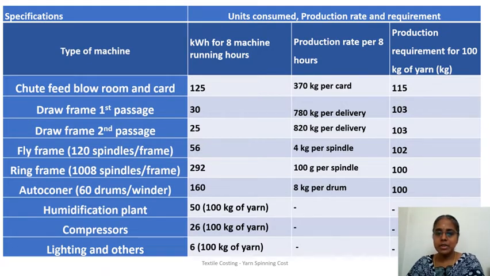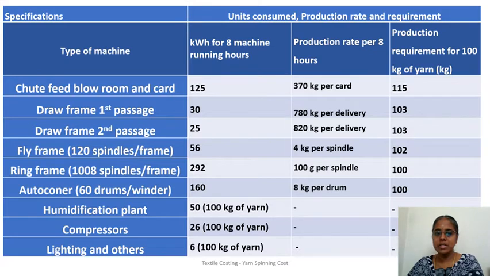The next column gives the production rate for 8 hours. We have already seen the data given for 8-hour machine running units. Next is 8-hour production. If the machine runs for 8 hours, what is the production? For a card it is 370 kg.